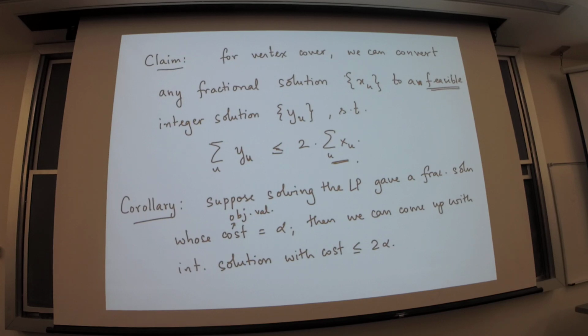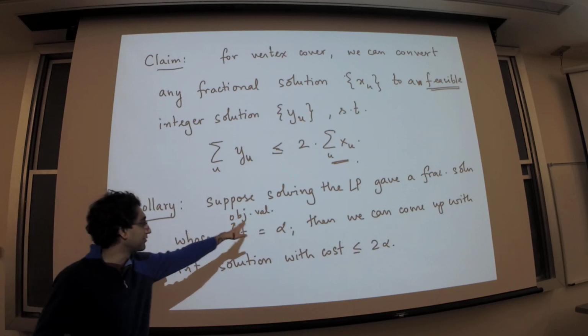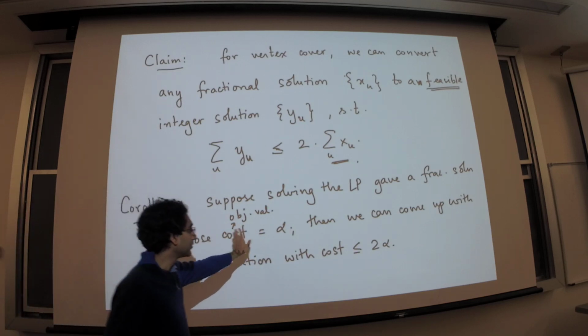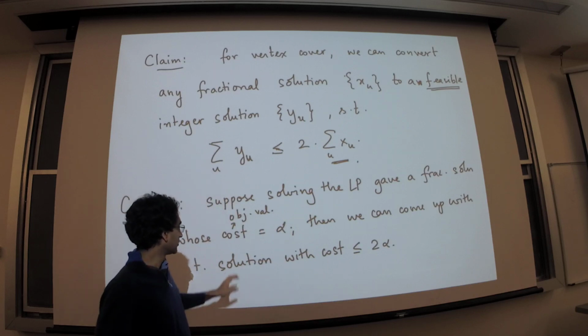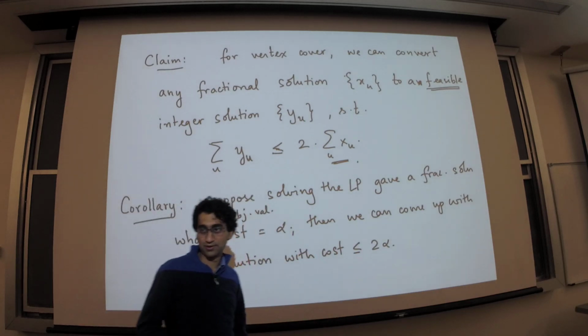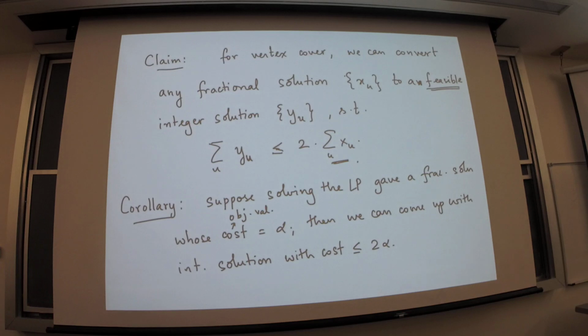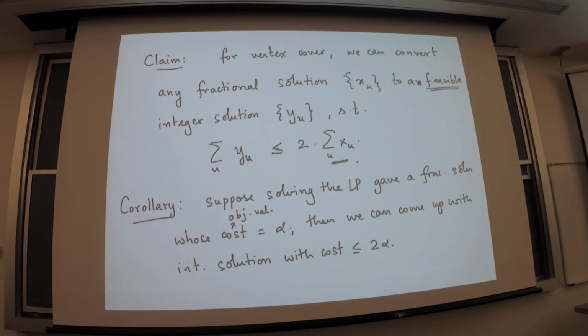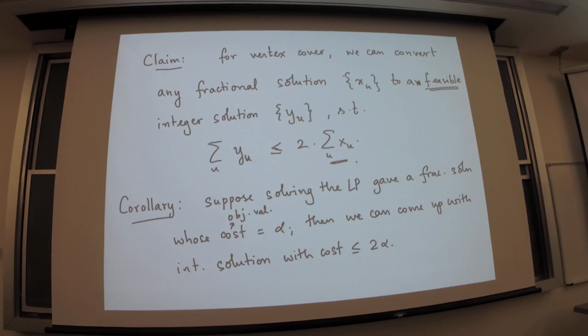And all you're claiming is that if you give me a fractional solution where the objective value is alpha, I will give you an integer solution where the objective value is at most 2 times alpha. And it is in your interest to consider the least alpha. Okay, so this is a very simple thing.